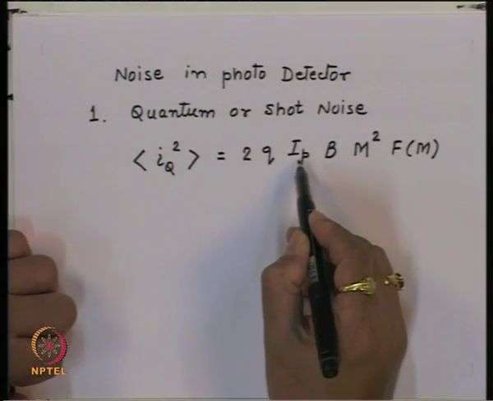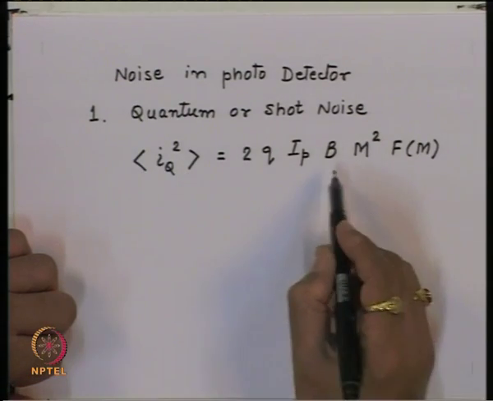So, if you look at the statistics of the photons and the electron hole pair generation, that is the Poisson statistics. So, the mean square value of this fluctuating current is proportional to the mean value of this current.